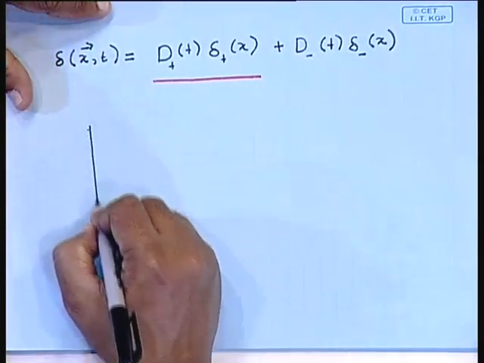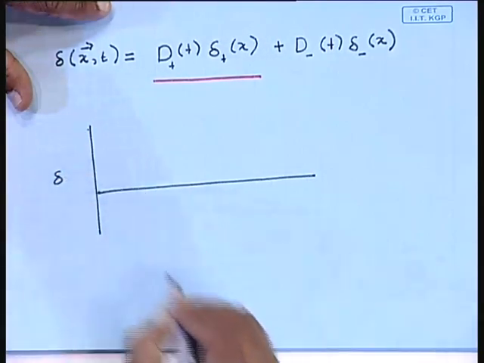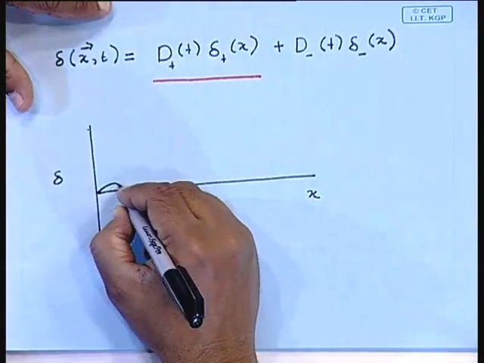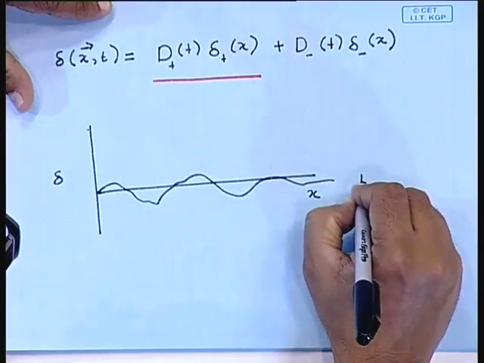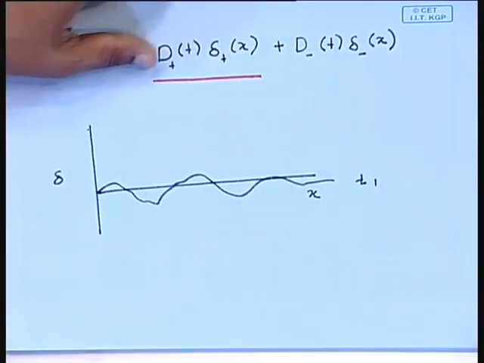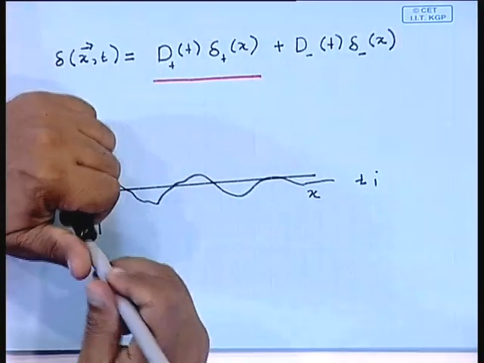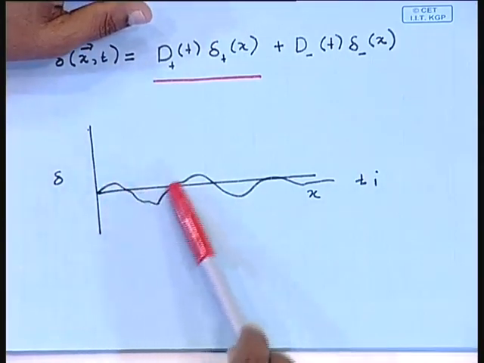So, if this is what the perturbation, the density contrast delta as a function of x, looks like at some initial time T1 let us say, at some later time what would have happened is that the spatial dependence would be exactly the same.